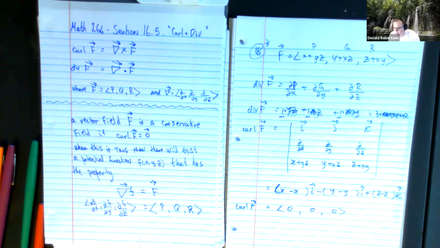The curl still exists because it's still a 3D field. So you shouldn't do that, because if you do it, all you will get is one term, which is fine, right? Because if you eliminate the i, j, k and just focus on it, you just get a single term. What that will mean is that your curl will be 0 something 0, or something 0 0, or 0 0 something.